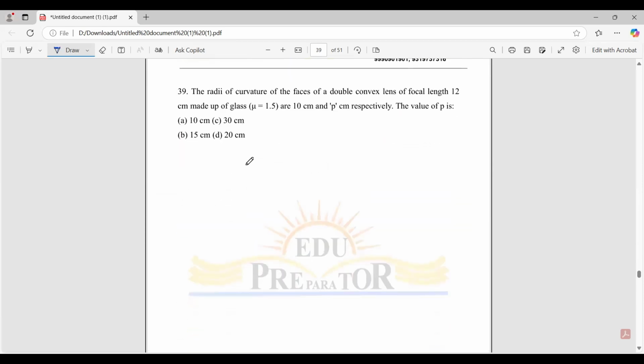Now this question is again associated with your Lensmaker formula. We all know that 1 by F is equal to refractive index minus 1, times 1 by R1 minus 1 by R2. The question says the radii of curvature of a double convex lens of focal length 12 centimeter.